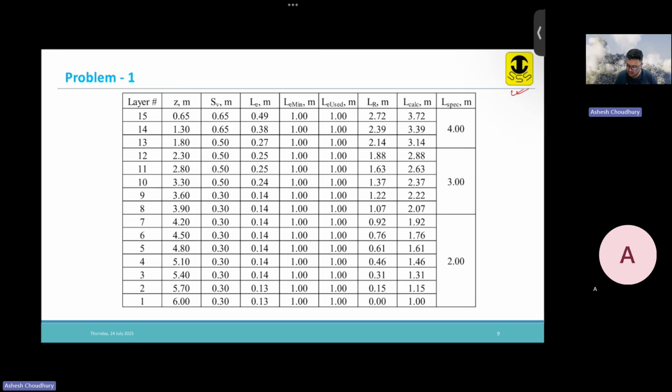So this is the table that we calculated.